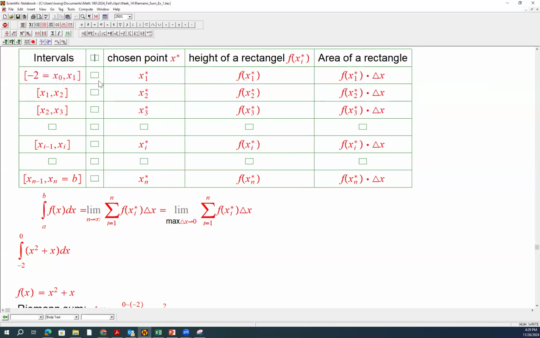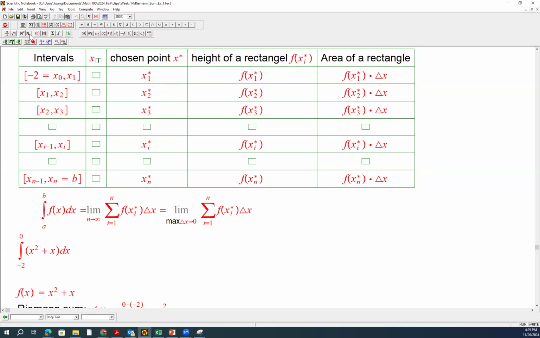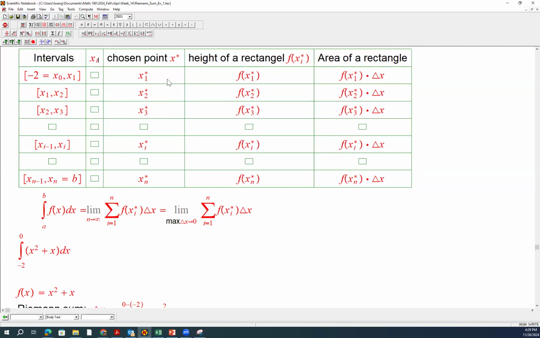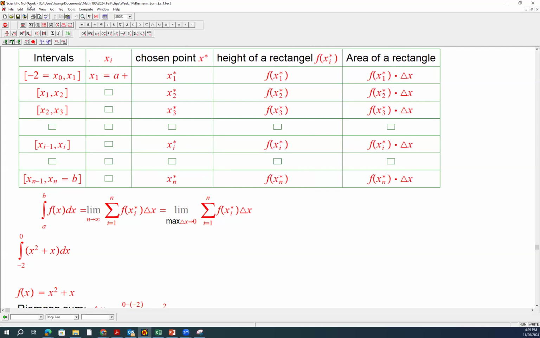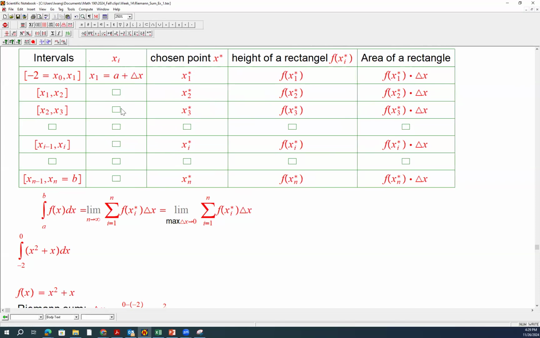There. Okay. So x sub 1 is equal to A plus delta x. I'm just going to copy a delta x, right?